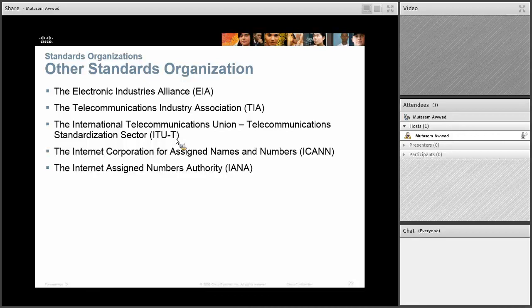These are organizations that meet every 4 years for the whole world to set standards for the whole world in terms of data communications and voice and so on. The Internet Corporation for Assigned Names and Numbers, they are the big guys that take care of the whole Internet addressing, and that includes the Internet Assigned Numbers Authority that broke down the whole world into 5 regions and assigned IP addresses accordingly.